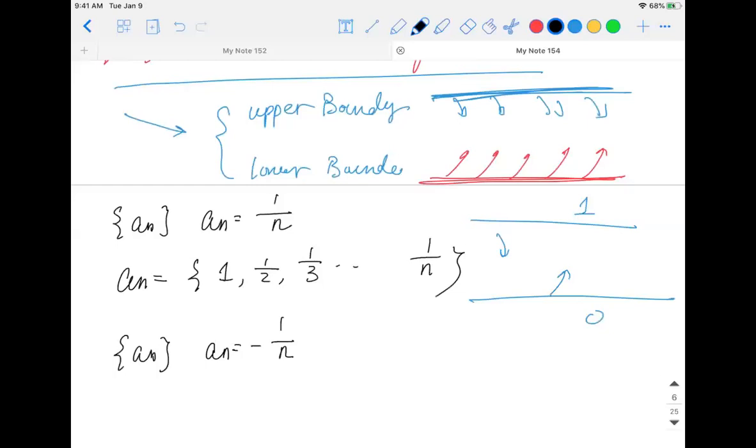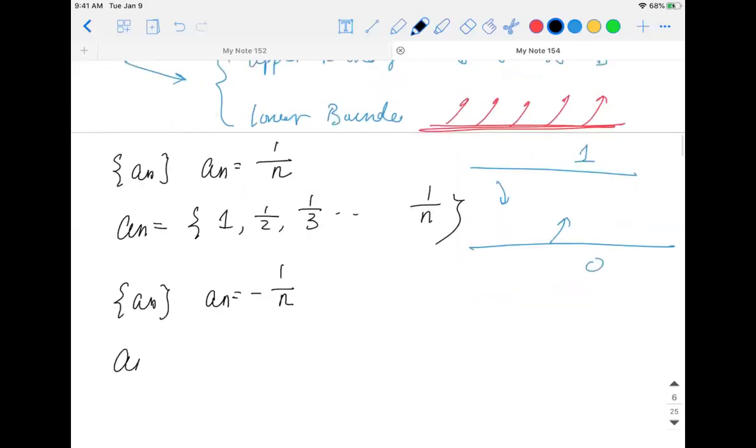Another example is, what about a_n equals minus 1 over n? a_n will be alternately positive, negative, and so on and so forth. Let me change it here, maybe I'm going to make it a little bit more flowery: 1 over n times minus 1 to the power of n.